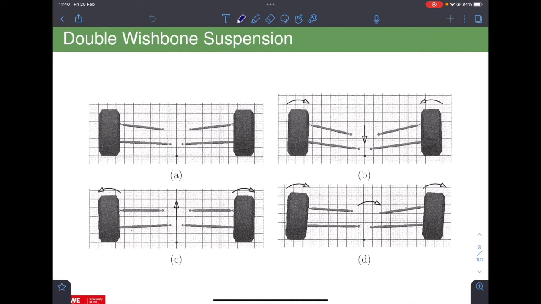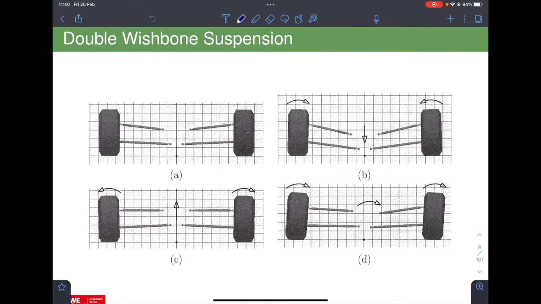Conversely, in option C, the body is moved up and the wheels move down, and when the body is raised up the wheels come slightly outwards. Then in D, the body is rolling, and because of the way the suspension is set up, the wheels are also rolling.